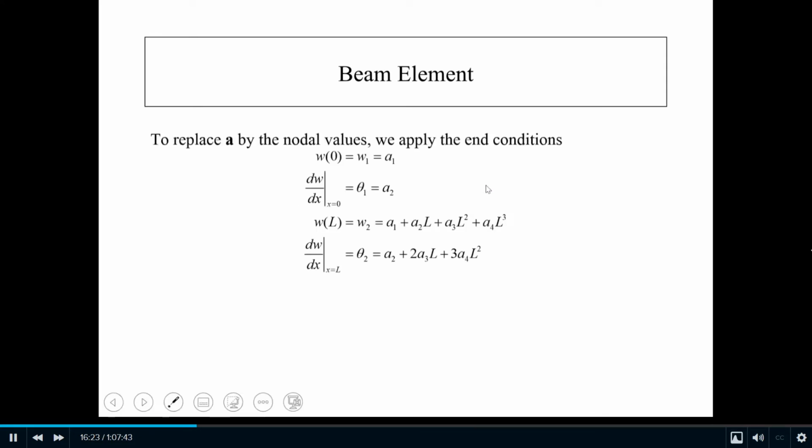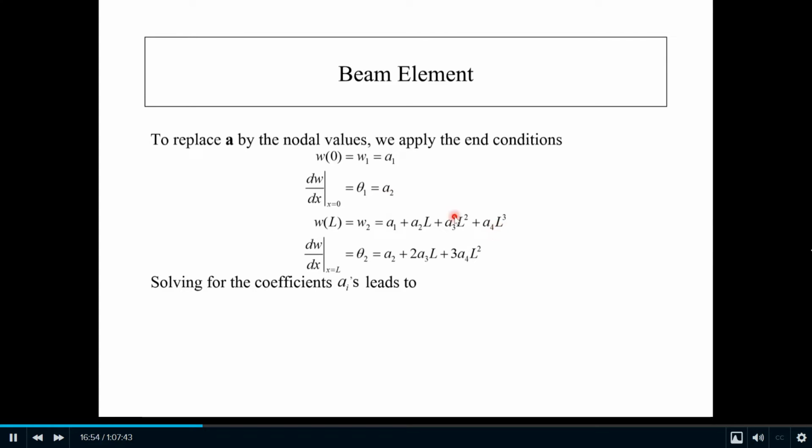Okay, we apply boundary conditions or end conditions here. Like this, deflection at 0, of course, would be equal to W1 and equal to A1, and then we apply the slope, which is theta 1 at x equal to 0, and then apply deflection and slope at the other end. You have 4 equations, right? These 4 equations have 4 unknowns: A1, A2, A3, A4.